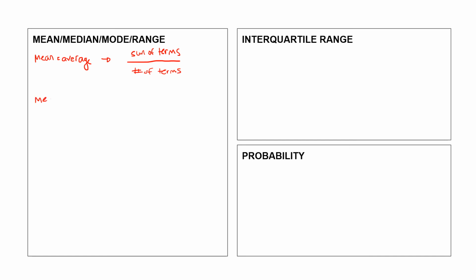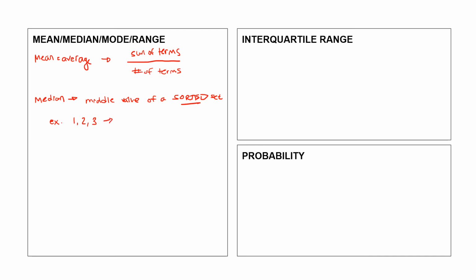The median, there's something very important to pay attention to here, is the middle value of a sorted set of data, right? So for instance, if we have 1, 2, 3, that's sorted, the middle value is 2.